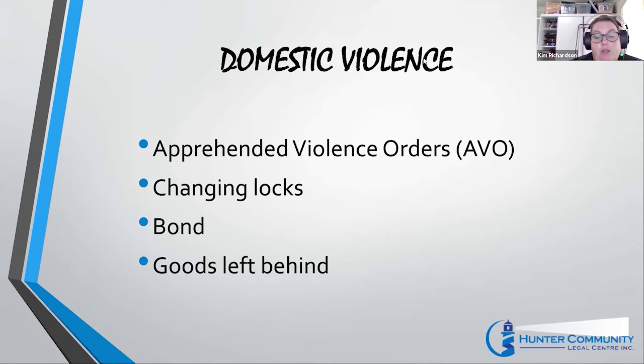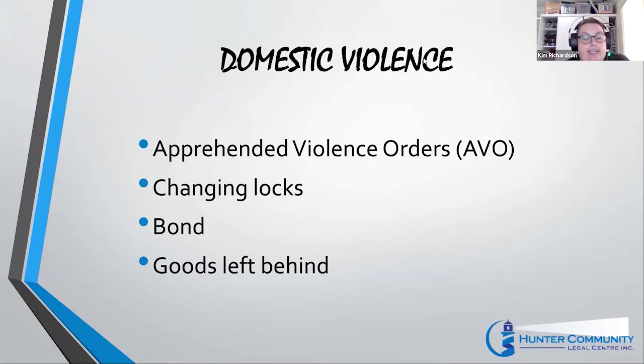So if it's a personal order, you may see it called an apprehended personal violence order, or if it's a domestic order, it might be referred to as an apprehended domestic violence order. Most AVOs are applied for by the police in domestic situations. However, in some cases, it may be necessary for the victim survivor to make that application themselves.